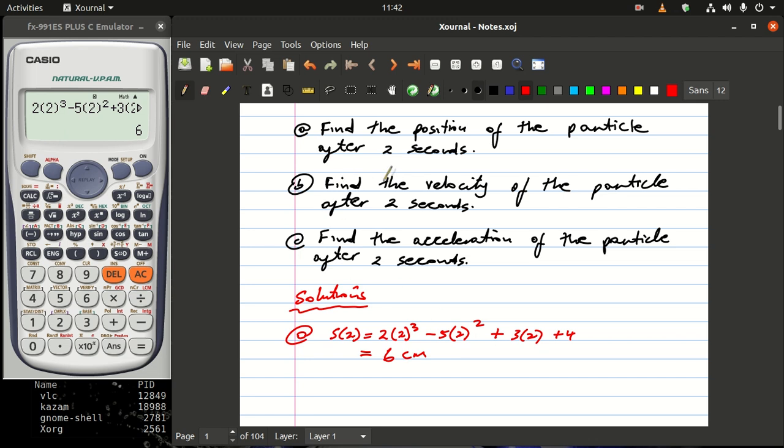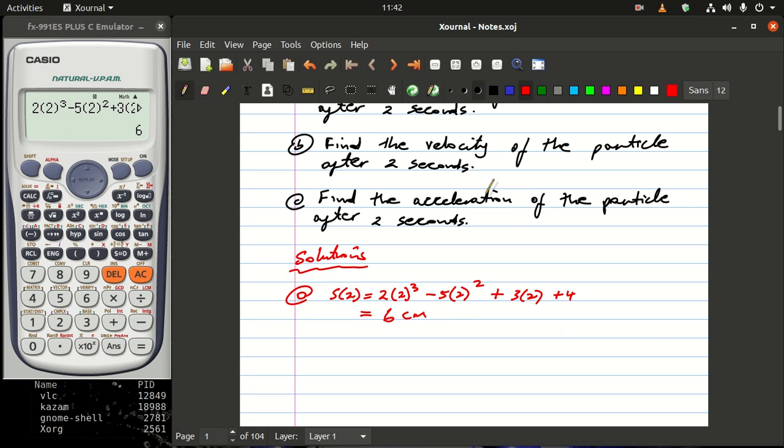And then find the velocity of the particle after 2 seconds. We know that the velocity is in meters per second. In other words, it is the first derivative with respect to time of this position function here.